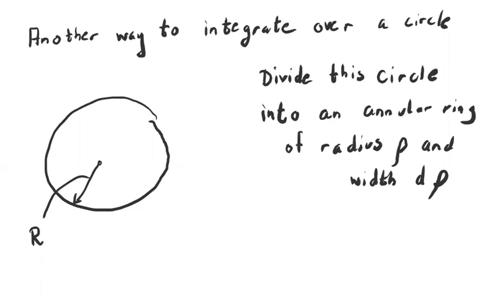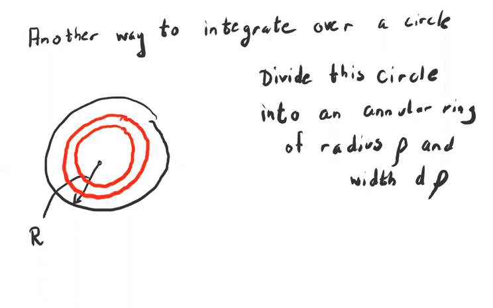So what am I talking about? So in red is my annular ring. It has a radius of rho and a width of d rho.